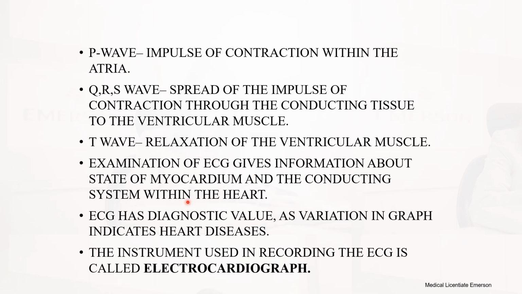So examination of the ECG will give information about the state of the myocardium and the conducting system within the heart. The ECG has diagnostic value, as variation in the graph indicates heart diseases. So you can actually use it to make a diagnosis of heart problems, heart disease. Then the instrument used in recording the ECG is called the electrocardiograph.